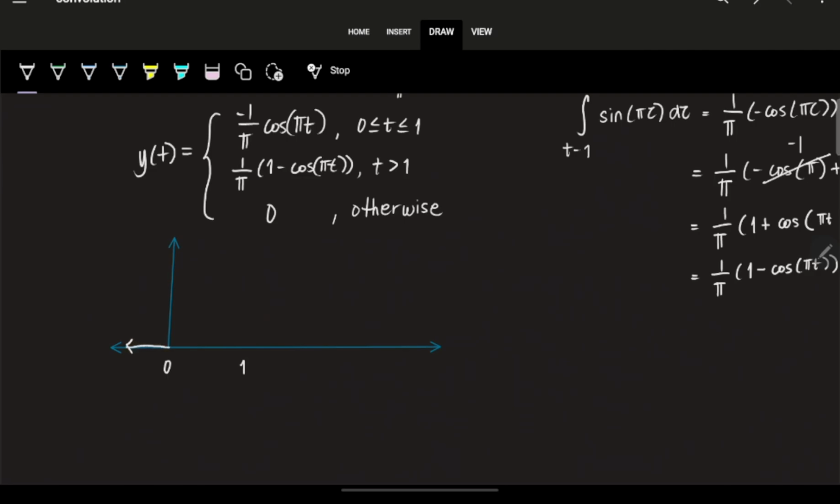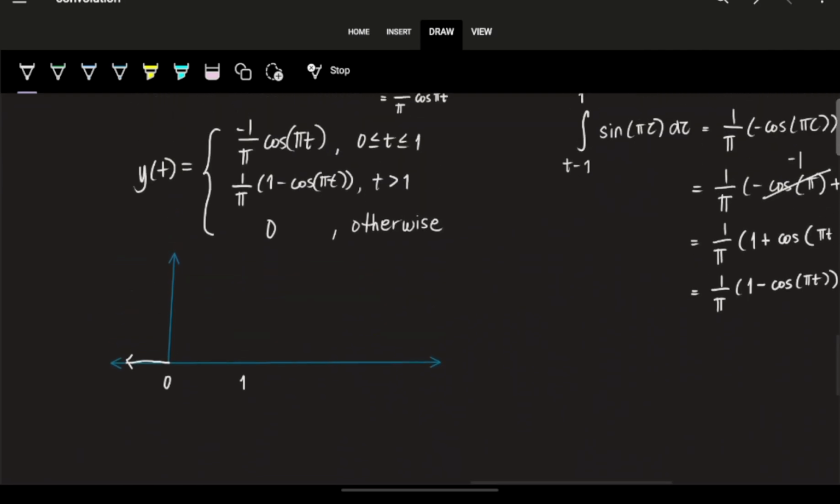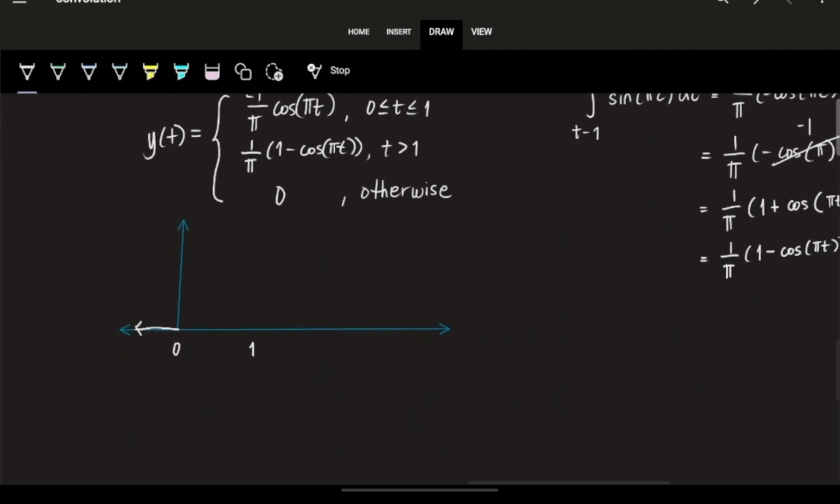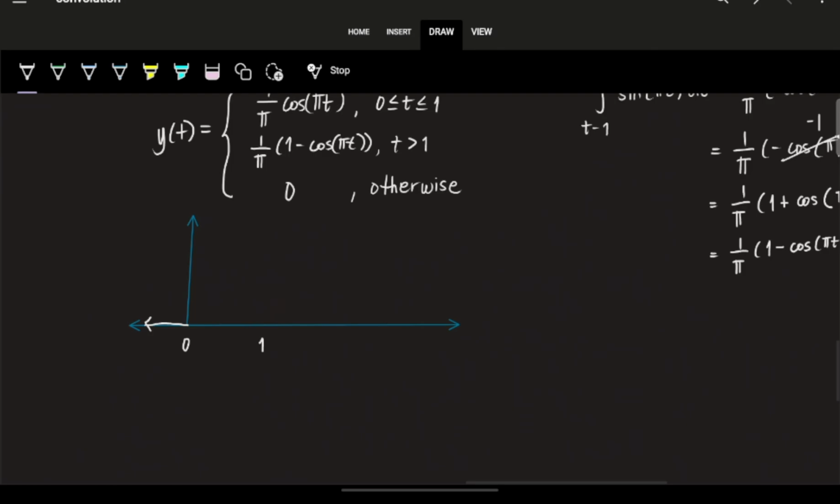But the moment it reaches 0, let's substitute. So t is equal to 0. So, that's cosine of 0. Cosine of 0 is 1. So, negative 1 over pi. So, nasaan siya? Nasa baba. So, let's say this is negative 1 over pi. Lagyan natin sa graph.